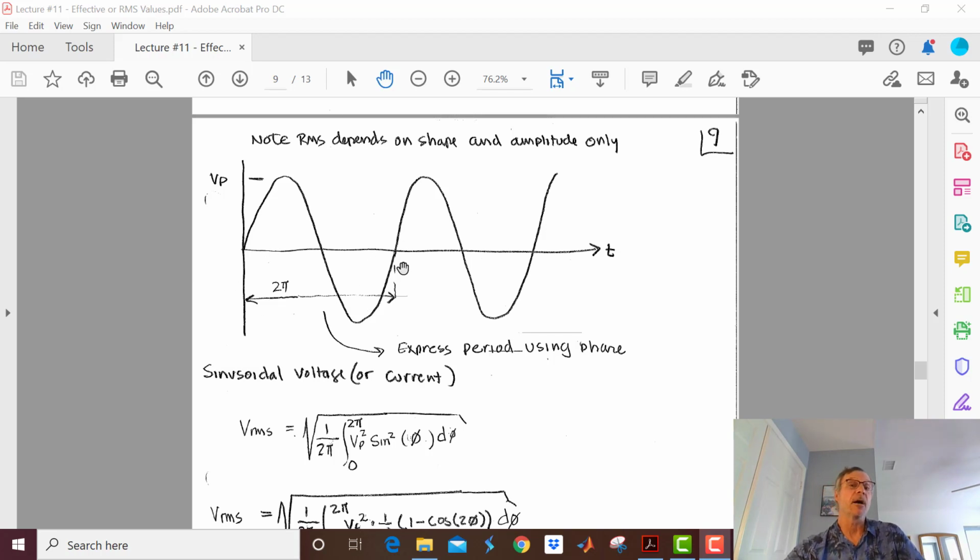I wish I could get into my office and get my notes and update them, but I can't. We're going to use phase because when we average this out, the horizontal units are going to cancel, aren't they? If you don't believe that, go back and look at the integral. It helps you understand the concepts. But I'm going to use phase as my horizontal axis.